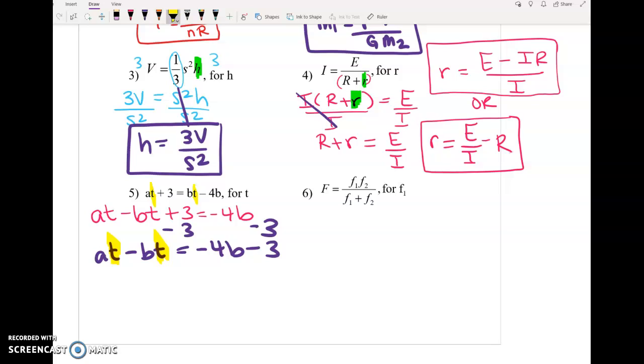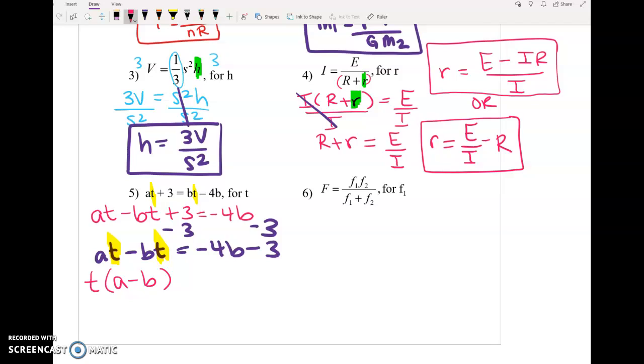If you said the distributive property, you are correct. So the inverse of the distributive property, since that was multiplication, you're going to divide out t from both terms. Me highlighting that in yellow kind of makes it nice, because when we factor out a t, meaning divide both terms by t and place it right outside here with parentheses, what is left over is the coefficients a minus b.